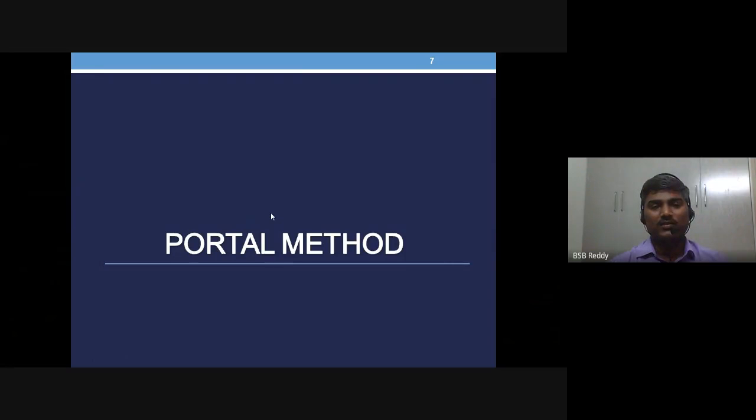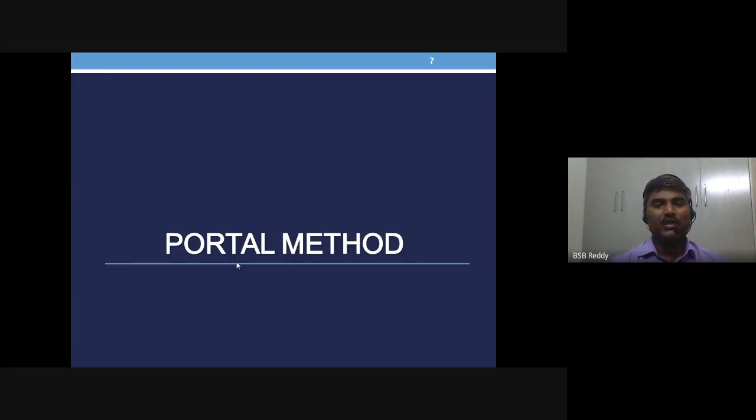Last session, we started talking about the portal method, which is one of the methods in approximate analysis of laterally loaded frames.